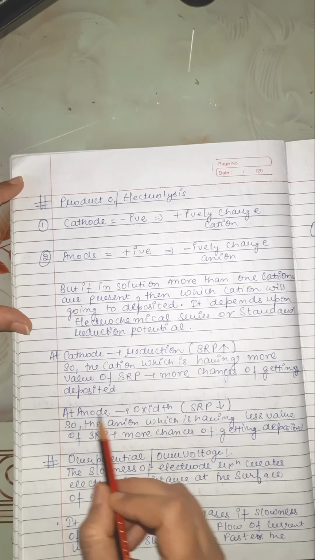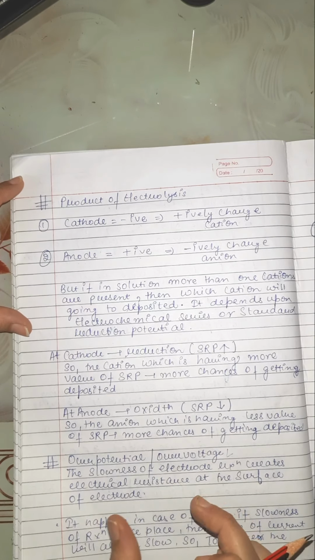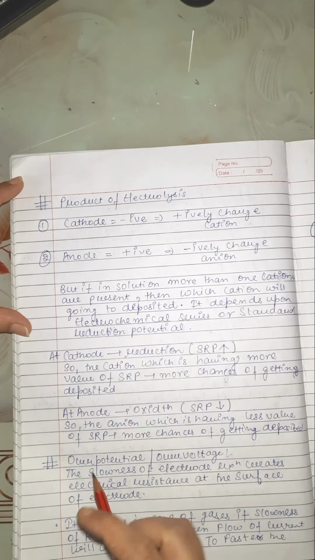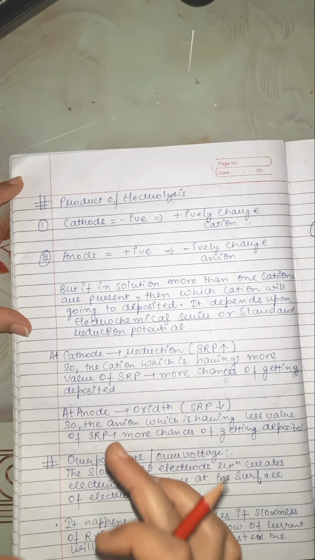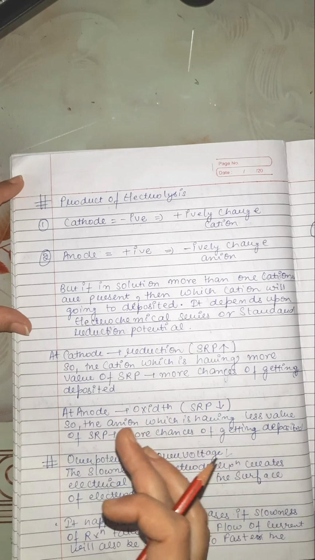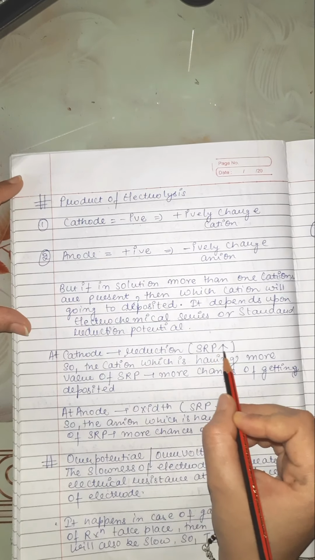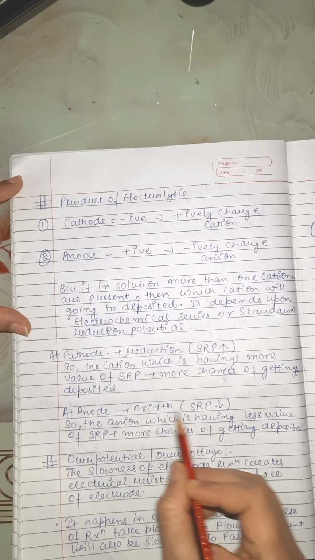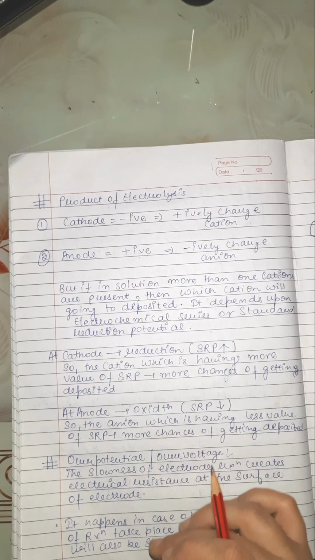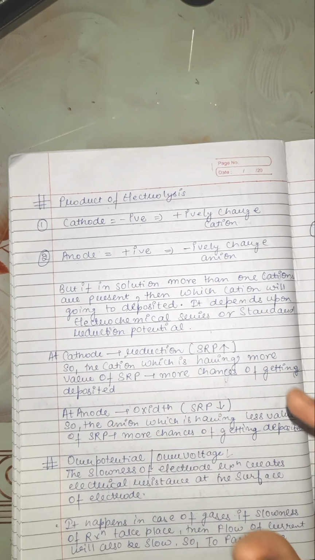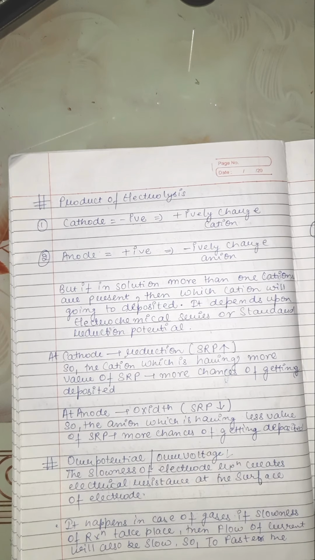And at the anode, oxidation takes place. So the anion having a lower value of SRP has more chance of getting deposited. So for reduction, the SRP value should be high, and for oxidation, the SRP value should be low. Now let's discuss one more term here, that is overpotential or overvoltage.